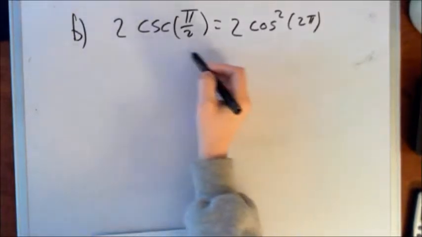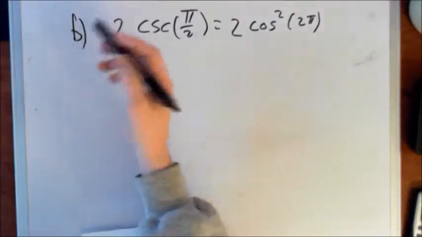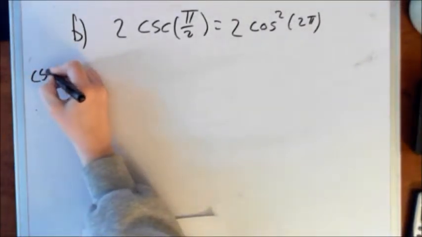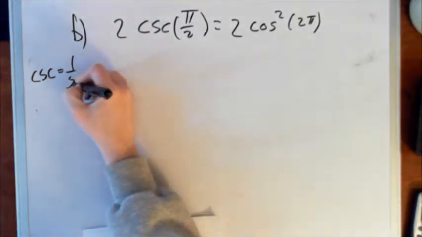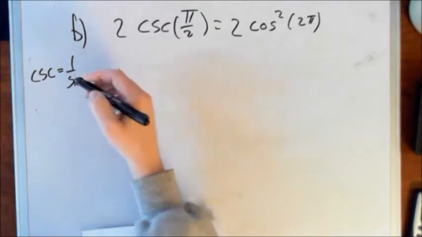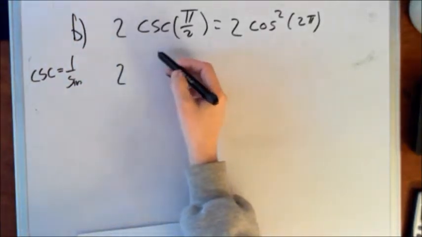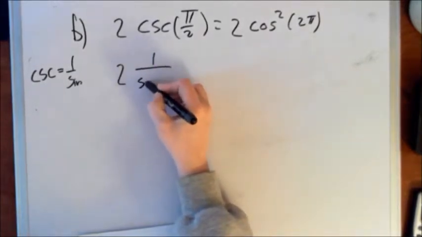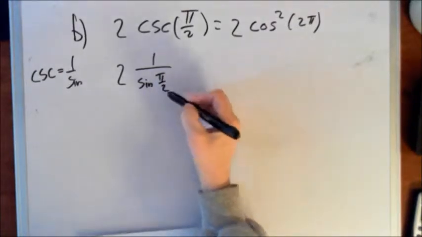So let's evaluate the left-hand side of the equation first. And first, let's write the identities that we know. Cosecant is equal to 1 over sine. So if we plug into this, we've got 2 times 1 over sine of pi over 2.